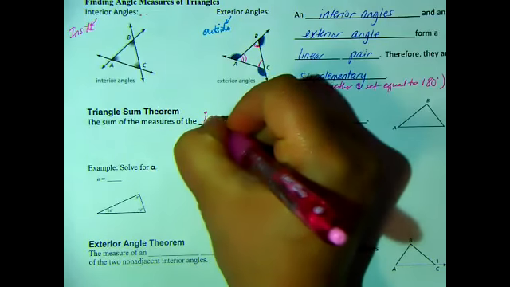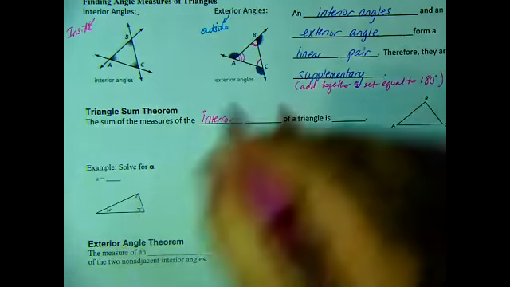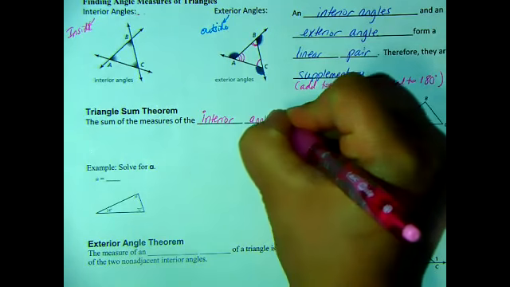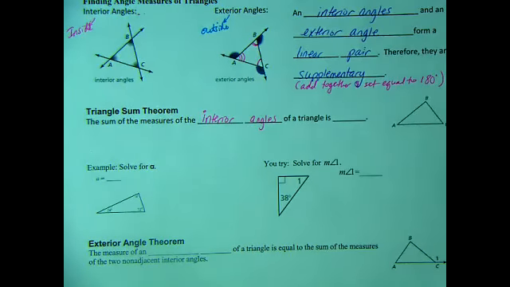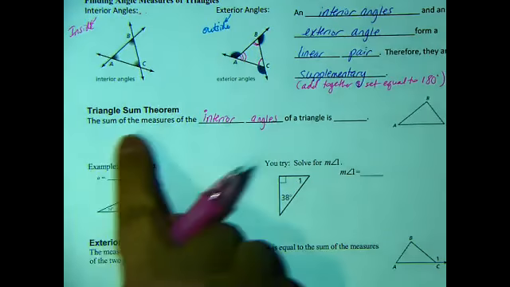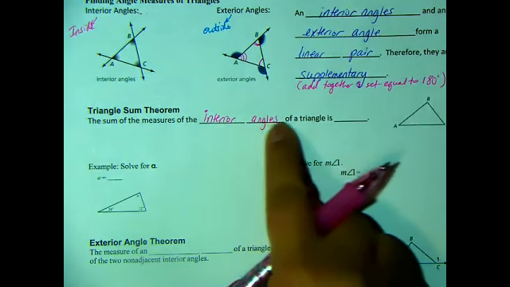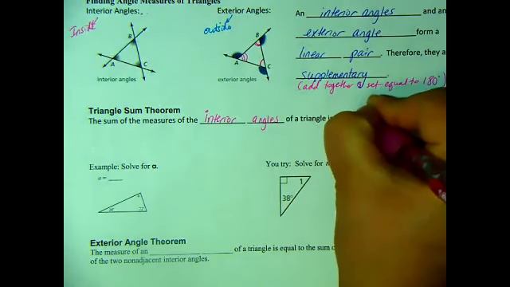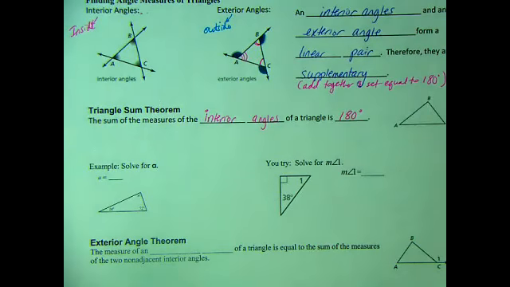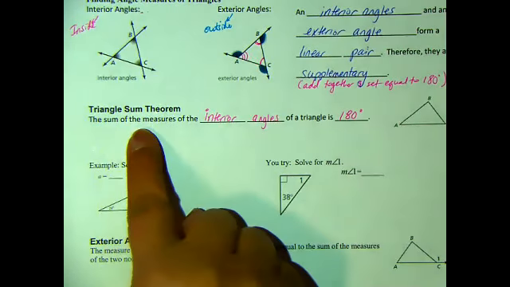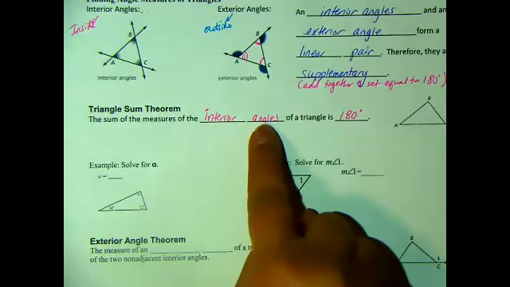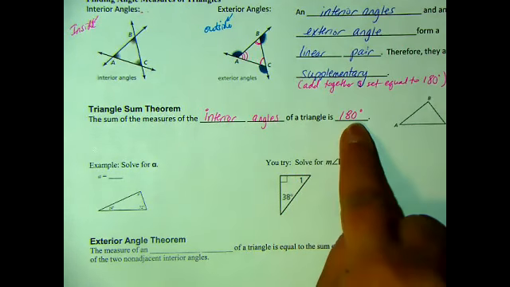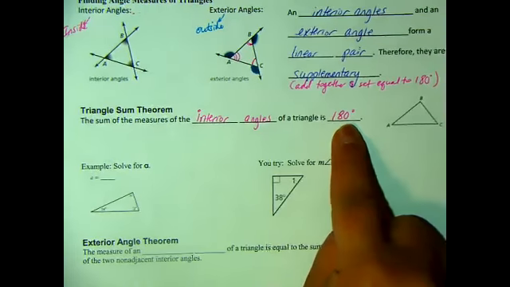So the triangle sum theorem is only about the interior angles of a triangle, okay? So the sum of the measures of the interior angles of a triangle is 180 degrees.